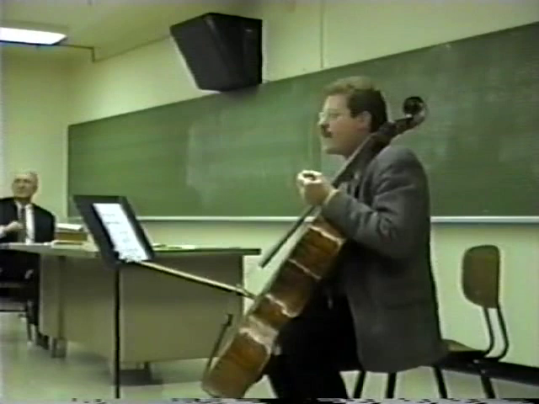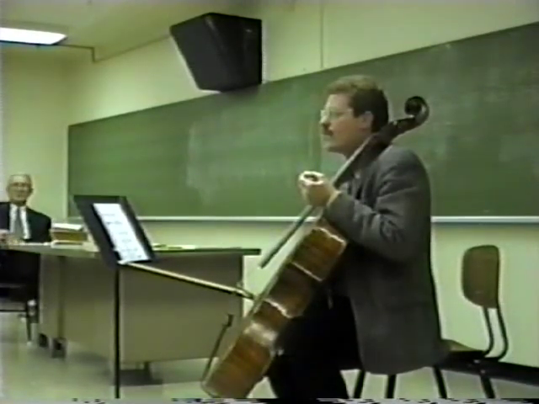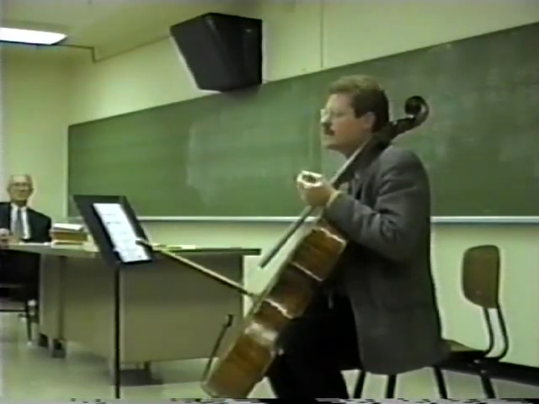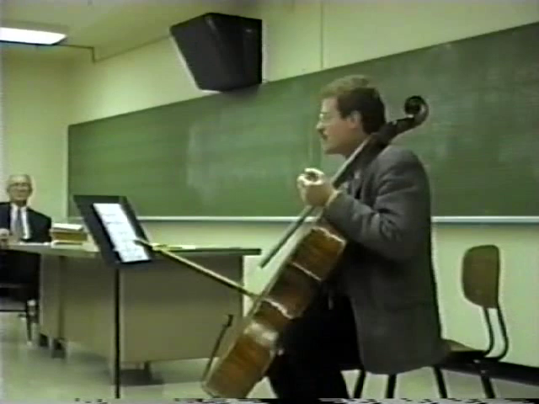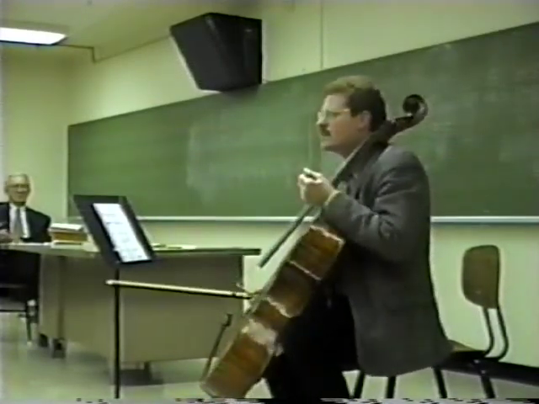Some of what's there is just lightening up of the pressure on the bow, and pianissimo is lightening up and also probably faster, and that would make a clear distinction from what I'm doing. But it's hard to argue against anybody saying different things.